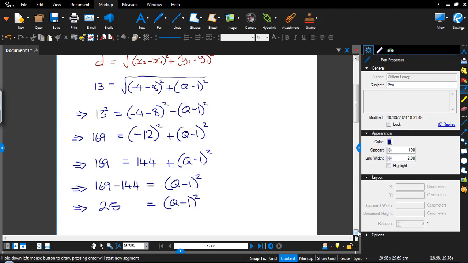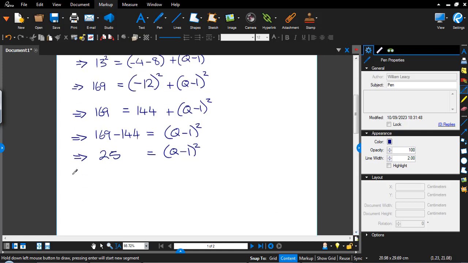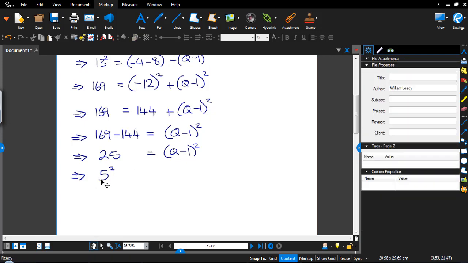Okay, let's put them in the same format. So we have this number squared. Well, 25 is 5 squared, isn't it? Yeah? Or is it not? What do you think? There are two ways you can go here.